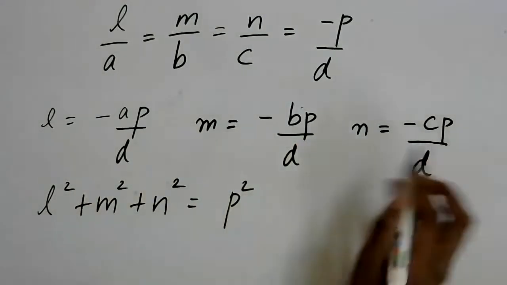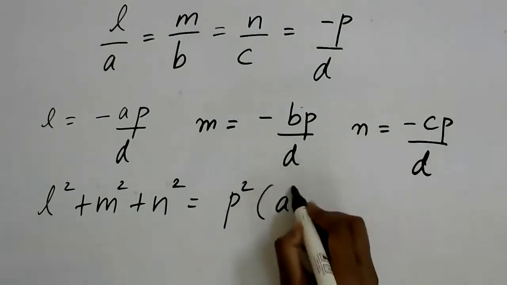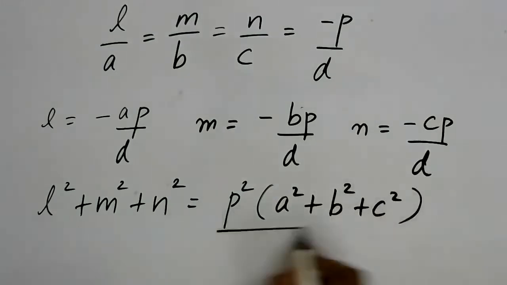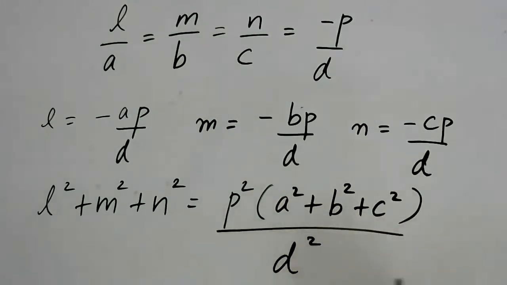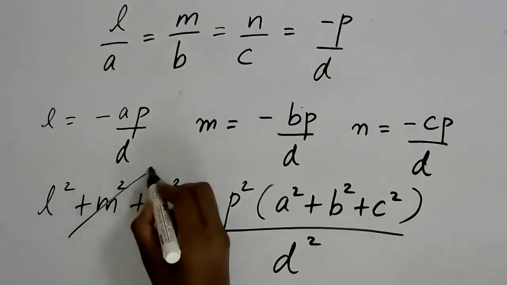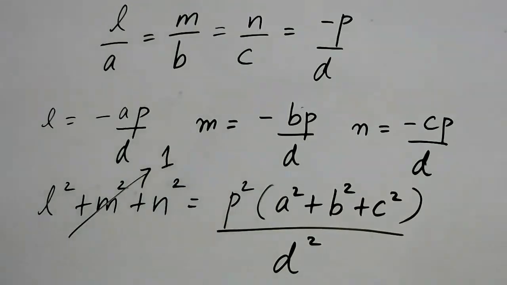So taking p square common outside, I'll have a square plus b square plus c square, the whole upon d square. But in the previous classes we have learned that the value of l square plus m square plus n square turns out to be 1.